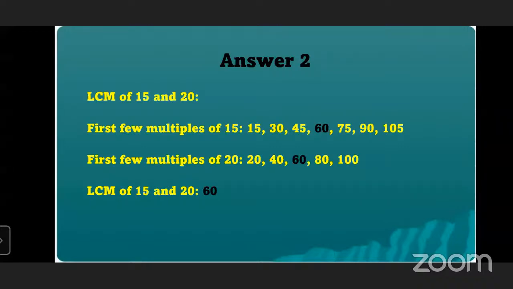What we have to do is, we have to write the tables of 15 and 20 first. हमें क्या करना है? 15 and 20 के tables check करना है. इसमें से we have to check which number is the lowest one. सबसे lowest number. अगर हम LCM देखते हैं 15 and 20 के, we will get that the multiples of 15 are 15, 30, 45, 60, 75 and so on.